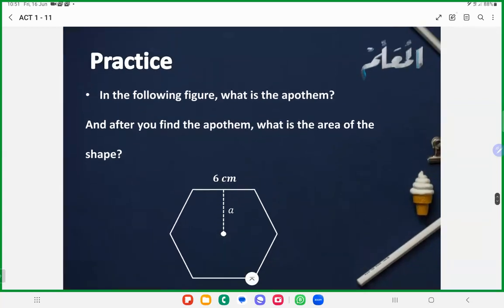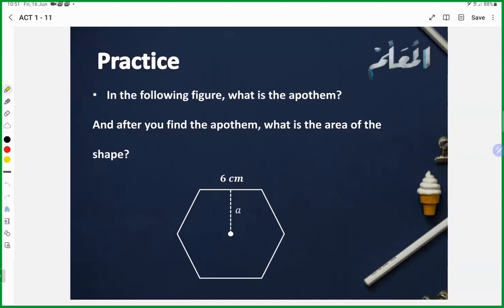One of the tricks in M1 that might come: the area of a polygon is half times apothem times perimeter. Remember this. That works for a pentagon, hexagon, heptagon, octagon, nonagon, and decagon.